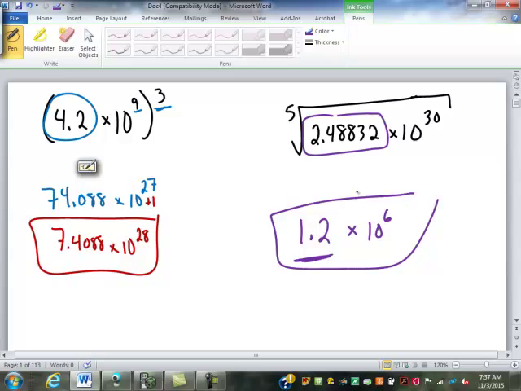On yours, you have above your power key here. Right there, so you're going to put in on yours, you'll do 5, shift, and then this key here. Then type in the 2.4. It's above the X to the power of key. Mine, I'm getting 1,200,000.